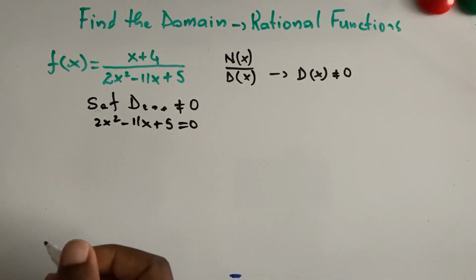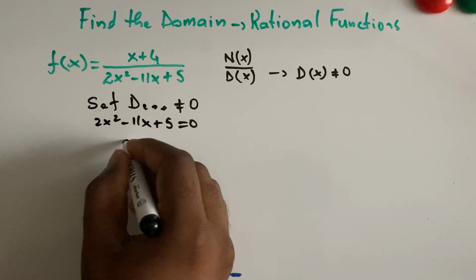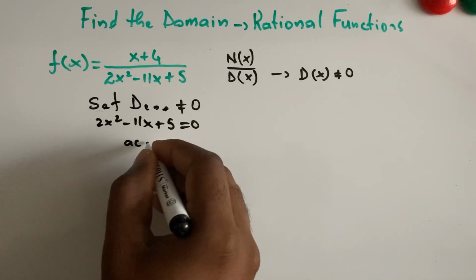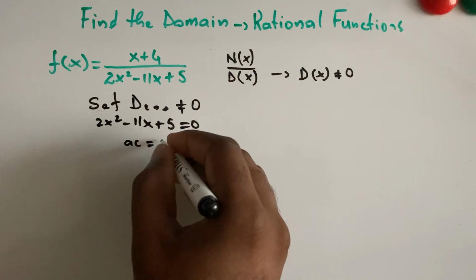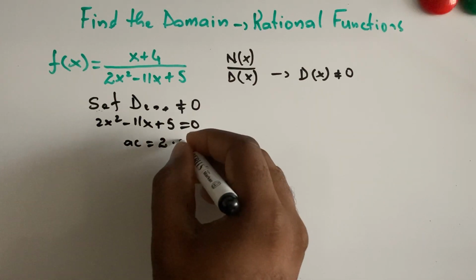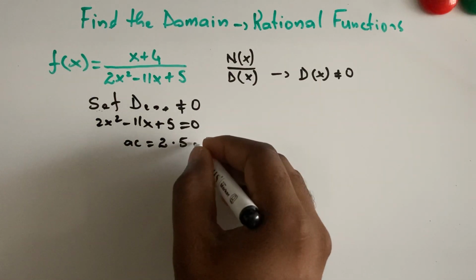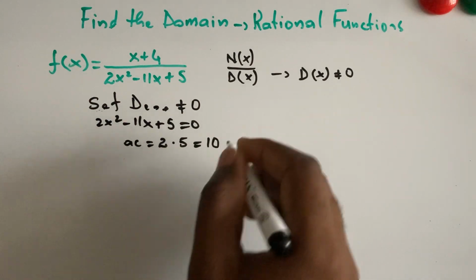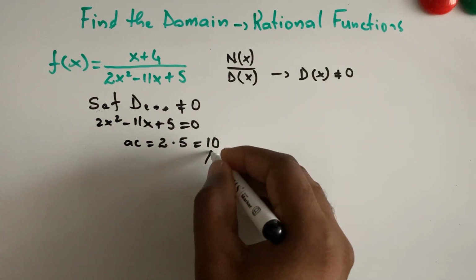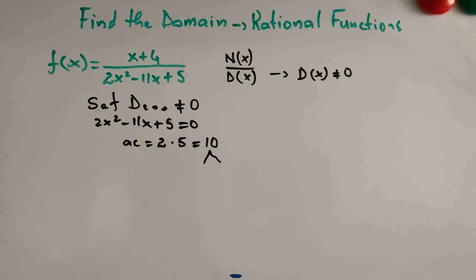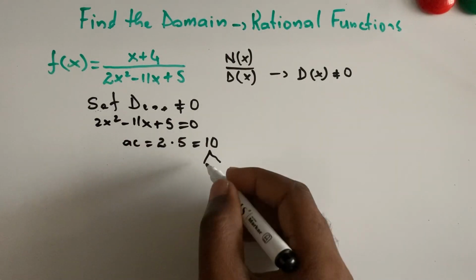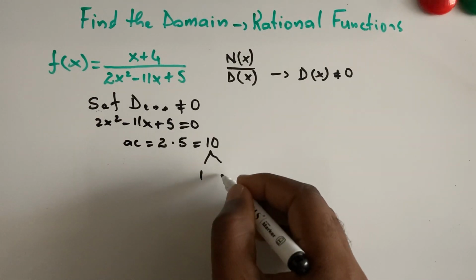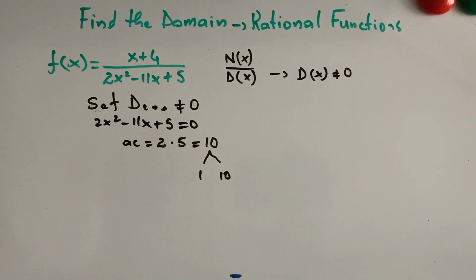You can use the AC method if you want. According to the AC method, you multiply the a value, 2, times 5, which is the c. That will give you 10. Then you break 10 down into two factors that you could use to replace 11. As you can see, that would be 1 and 10, right? Because 1 plus 10 will give you 11, all right?